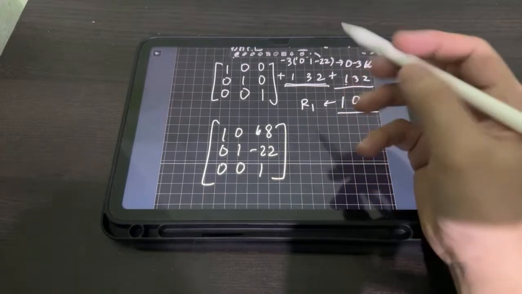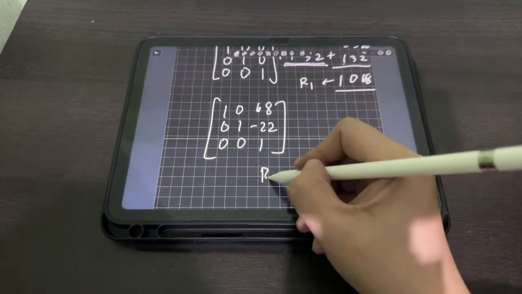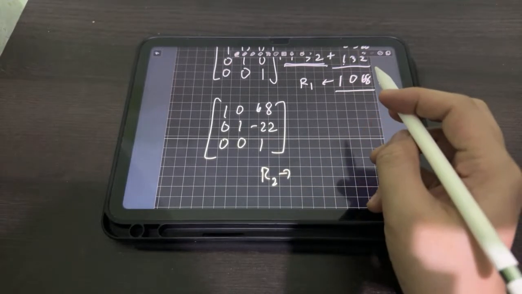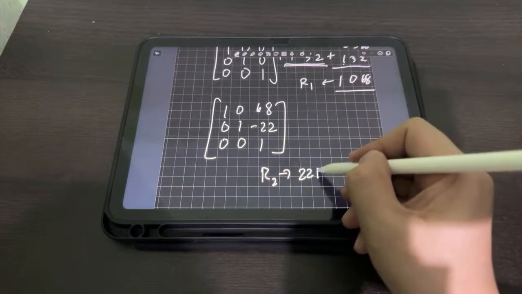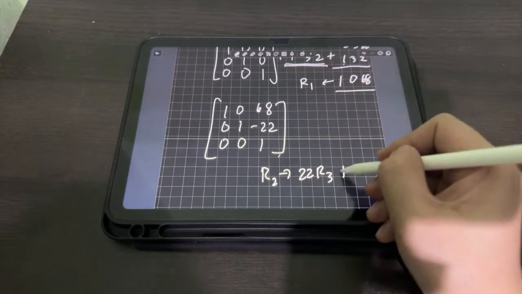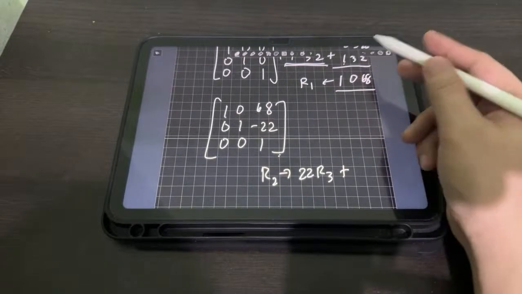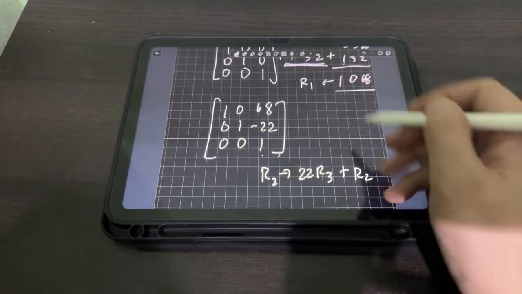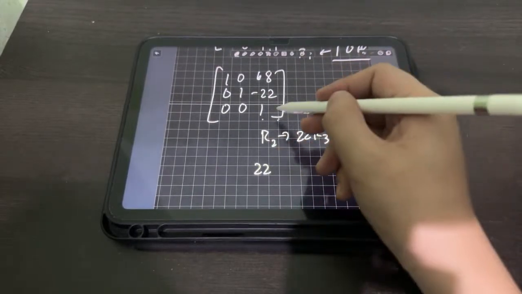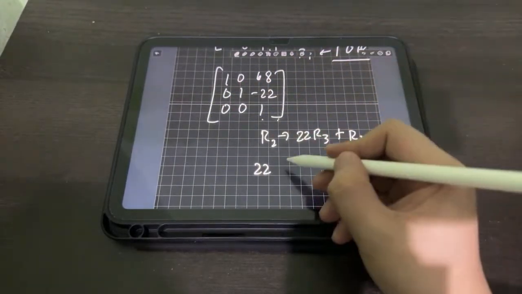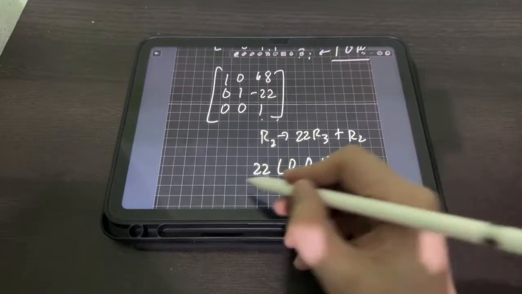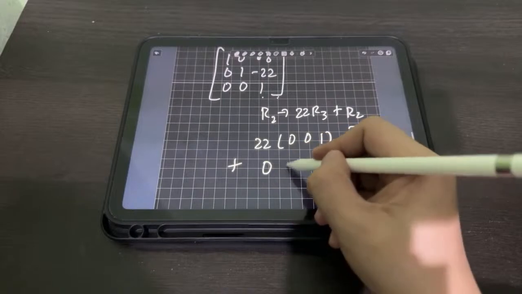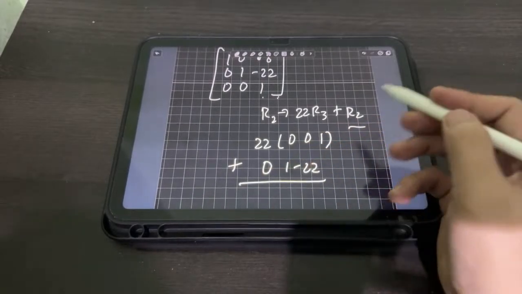By elementary row operations, we can perform. So the new row 2 is equivalent to positive 22 R3 plus R2. Okay? So that this negative 22 will be 0. So 22 times R3, which is 0, 0, 1, plus R2, which is 0, 1, negative 22.